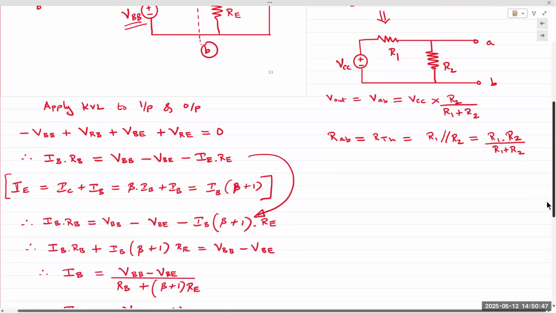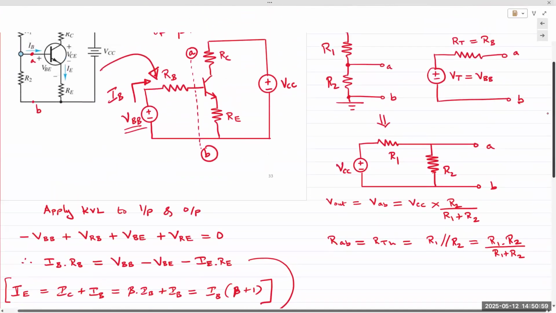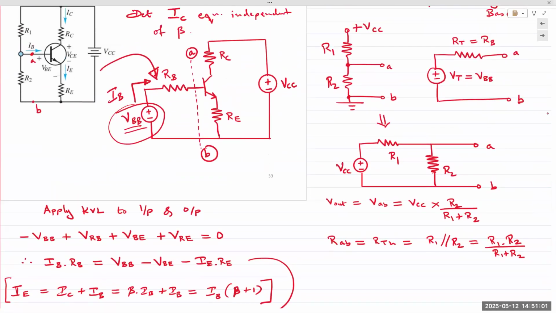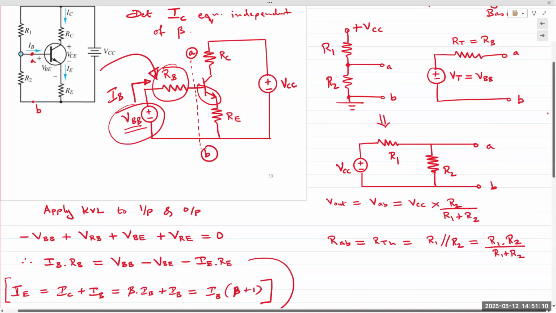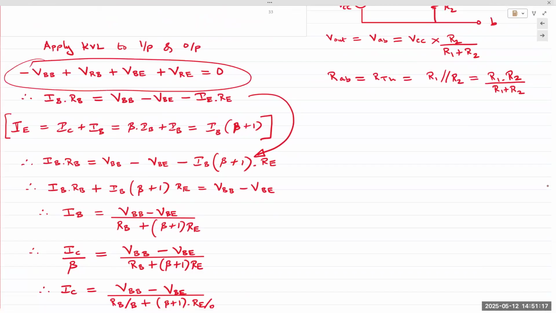Okay, to generate these equations, we apply KVL. In this case, we're going to start on the input side, apply KVL on the input side. We obtain 1 voltage here, second here, third here, and fourth there. There are 4 voltages on the input side. So we obtain this expression to begin with. Okay.